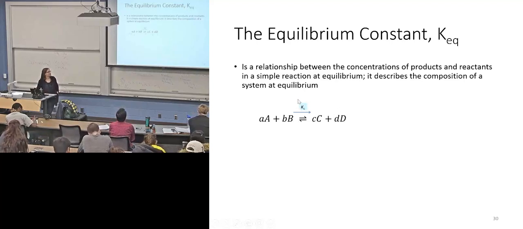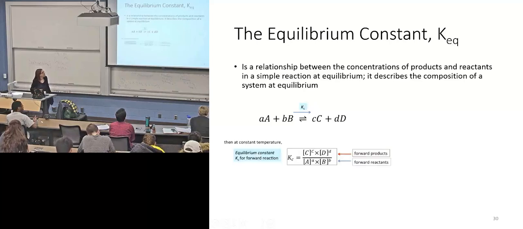This particular figure, which I grabbed from the internet, has C for the equilibrium constant. I use KEQ on your equation sheet. The equilibrium constant is given by the concentrations of the products at equilibrium.